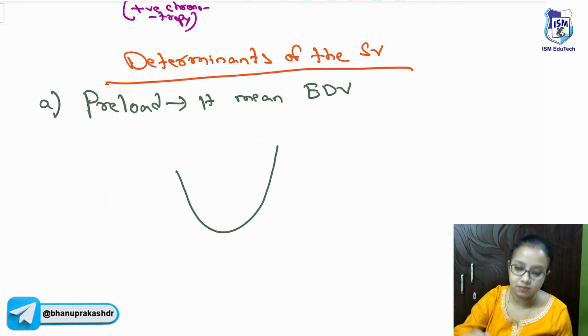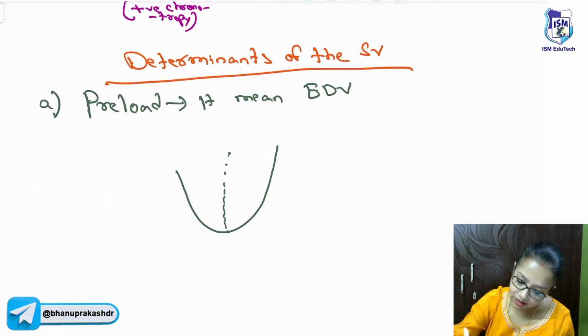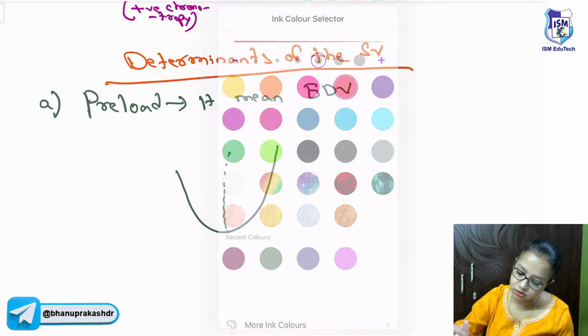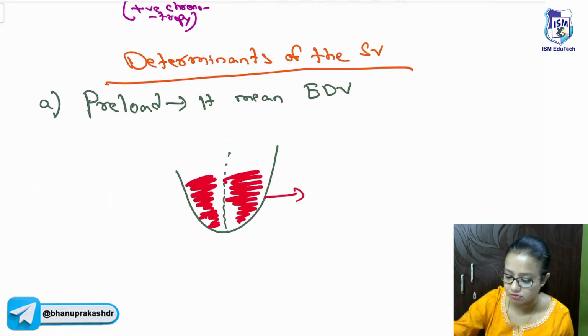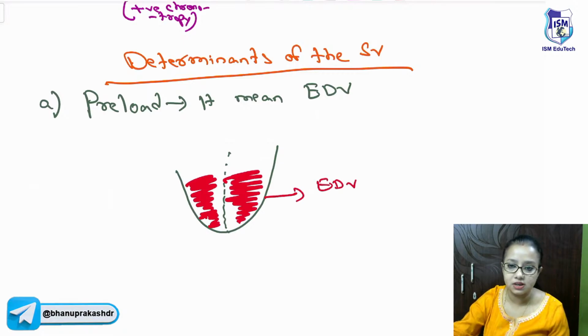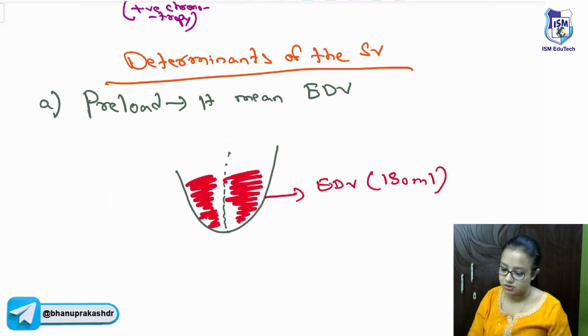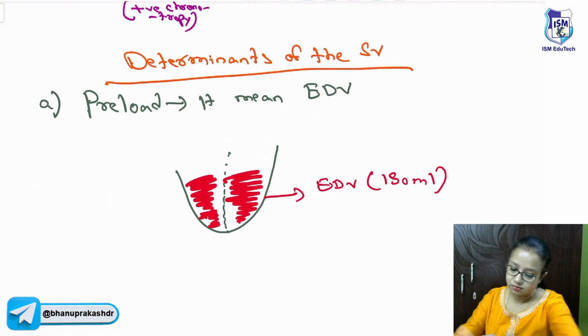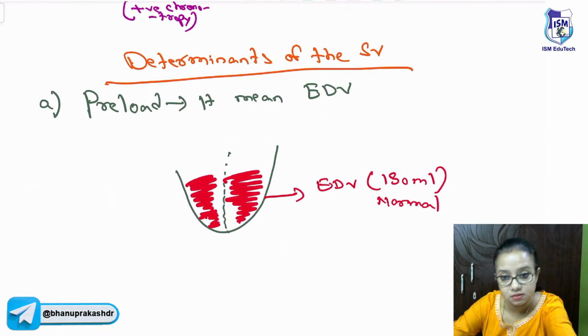Okay, this is the ventricle. I'm not drawing the atrium. So in the ventricle, the end diastolic volume, commonly, for example, is 130 ml. For example, in a healthy person, say it is 140 ml. Now, this is a normal condition, a daily event.